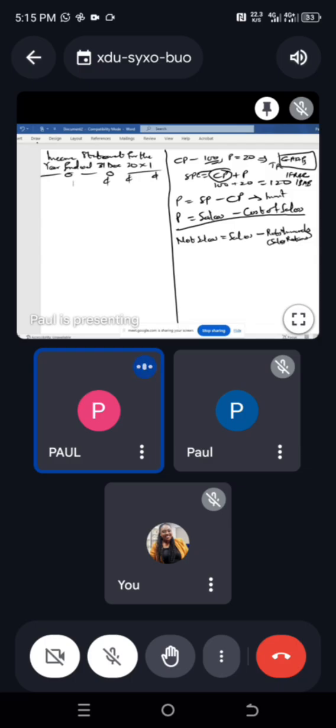It means that they've returned the goods back to you. Since they return the goods back to you, it is prudent that you give them back their monies. So that's why the net sales becomes the sales minus what? The returns inwards.